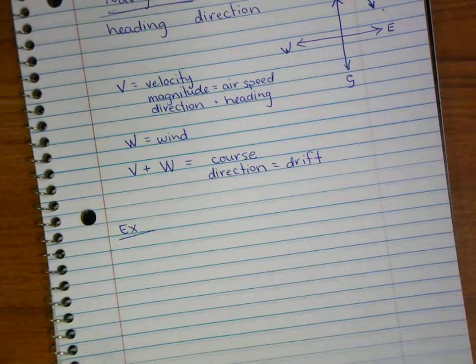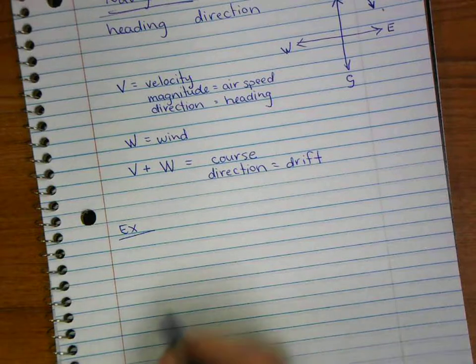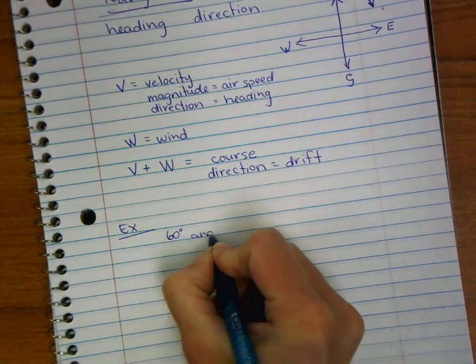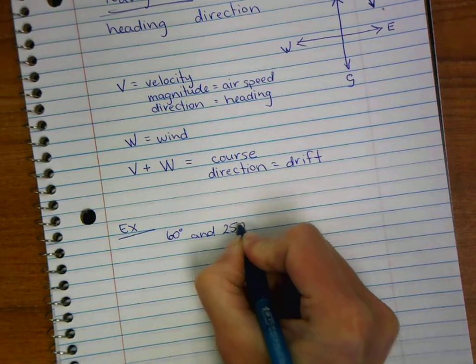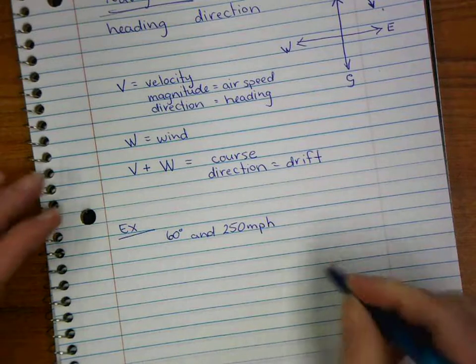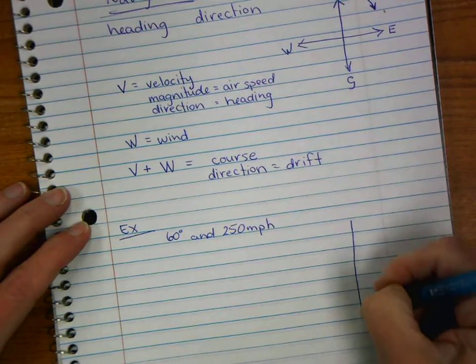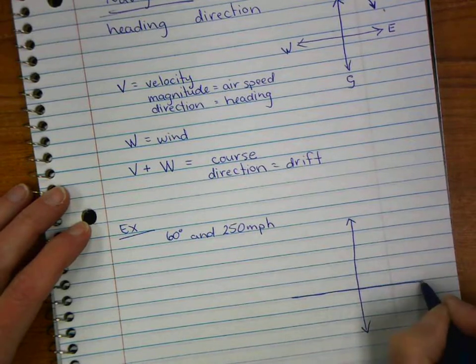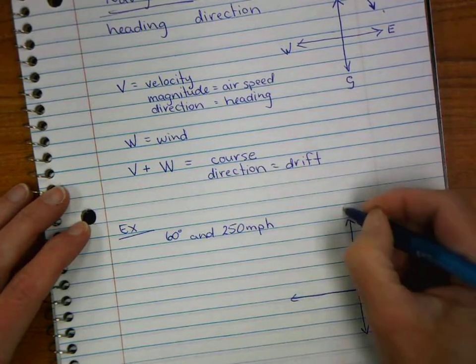The heading and the airspeed of an airplane are 60 degrees and 250 miles per hour. Okay, let's draw that. So here's north.